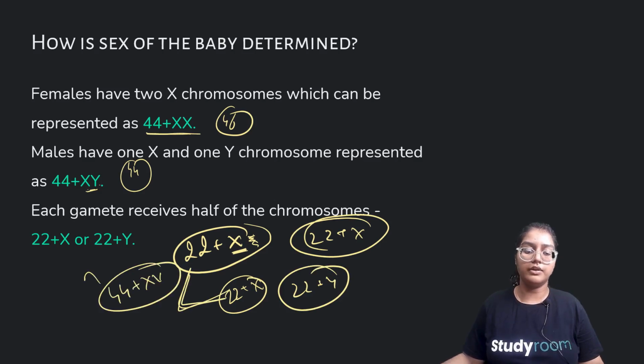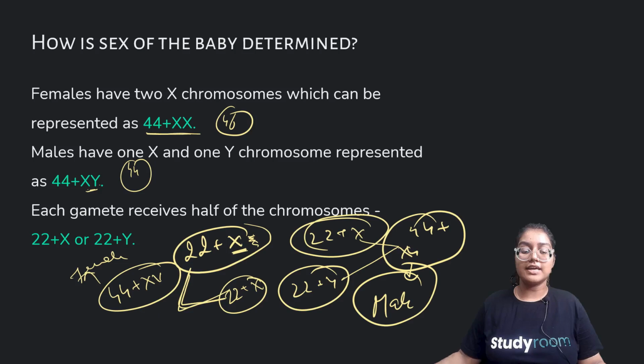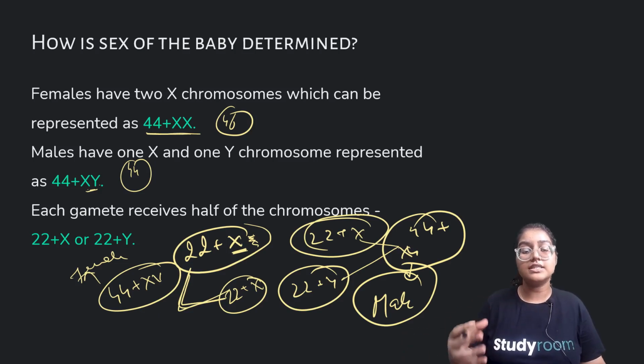This is the birth of a female child, because you can see XX. When the other two fuse, it will become 44 plus XY. So this is the male child. So XX and XY, the sex determining chromosomes, tell the fate of the baby, the gender of the baby.